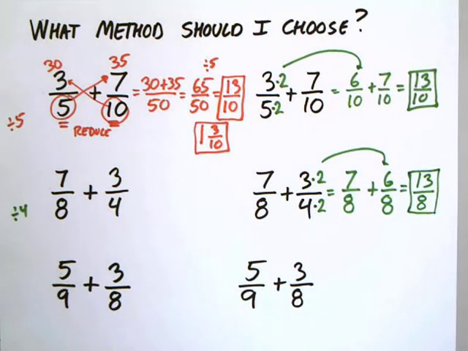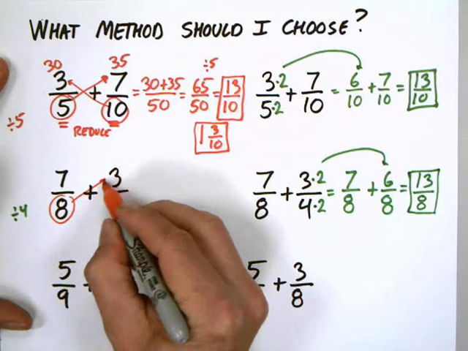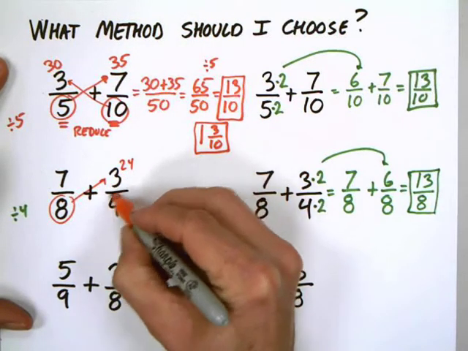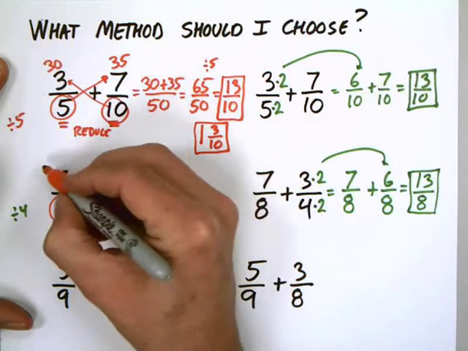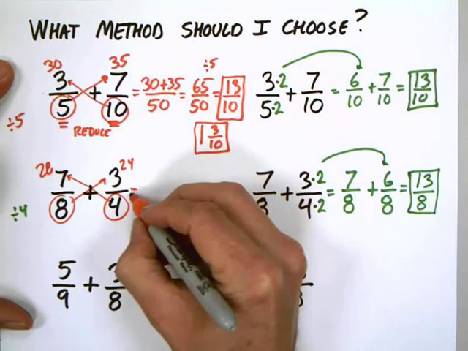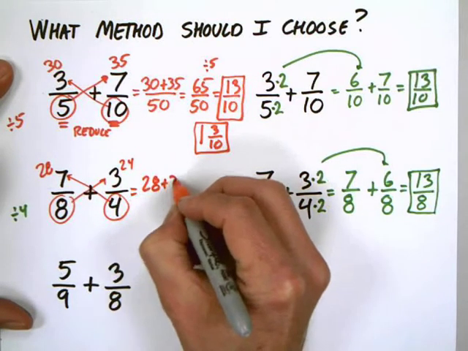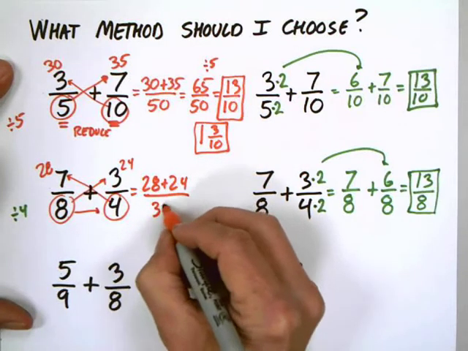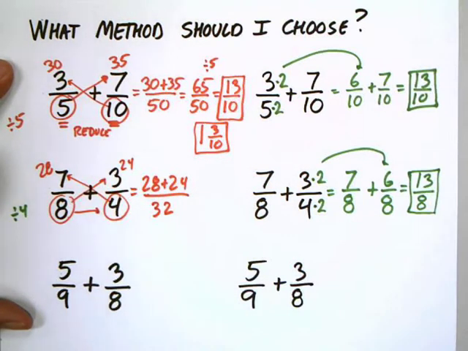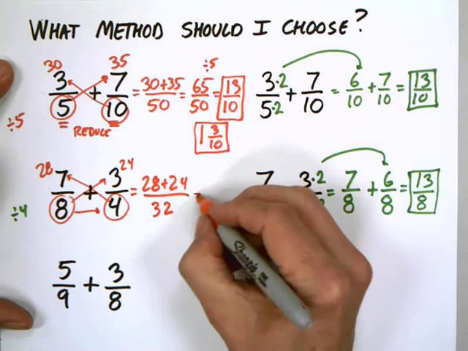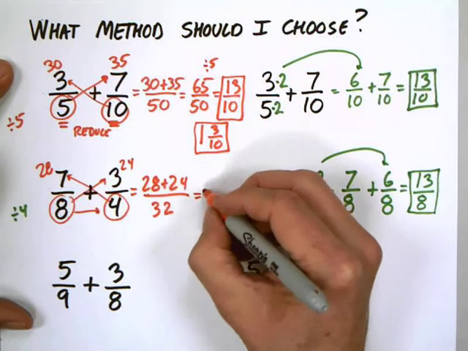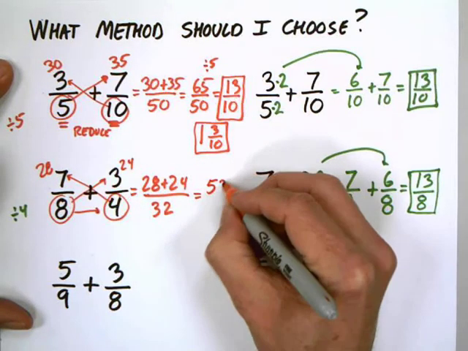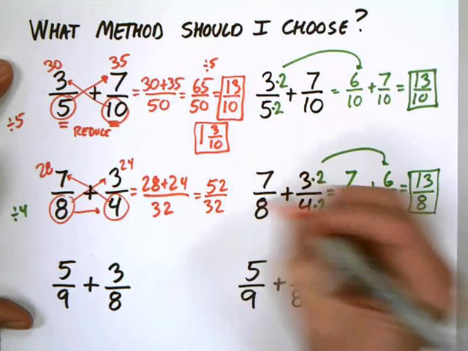Okay, so just to remind you of why I would want to do that, with Criss-Cross style, we're talking 24 and 28. So we would have 28 plus 24 over 8 times 4, which is 32. So Criss-Cross style would get me 28 and 24 is 52 over 32.